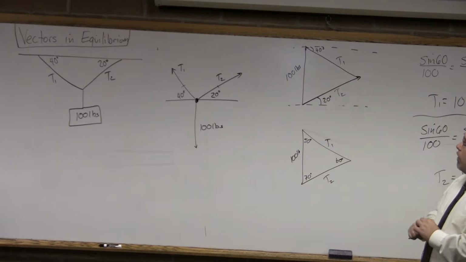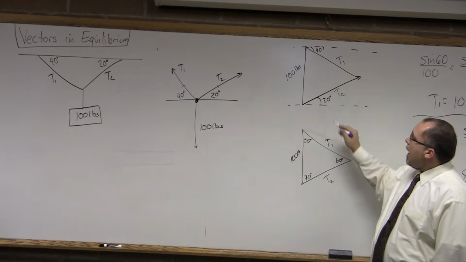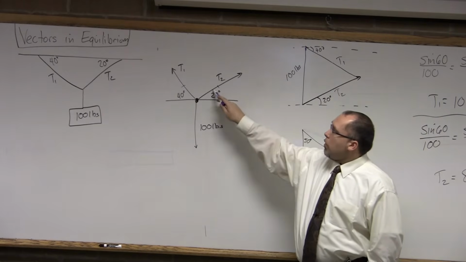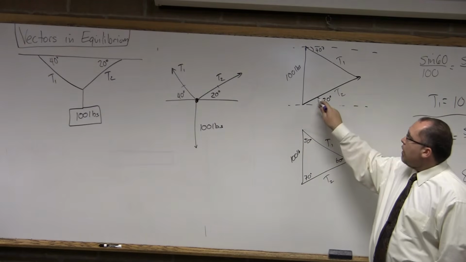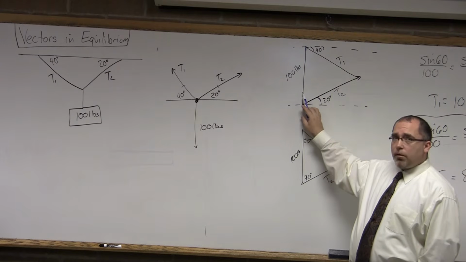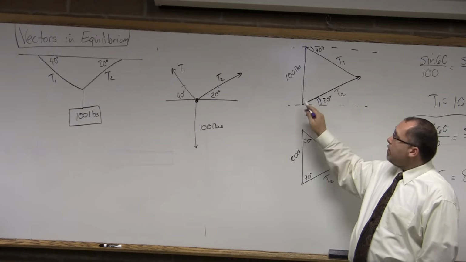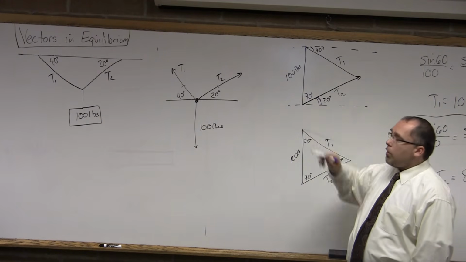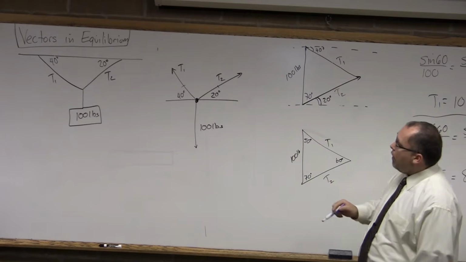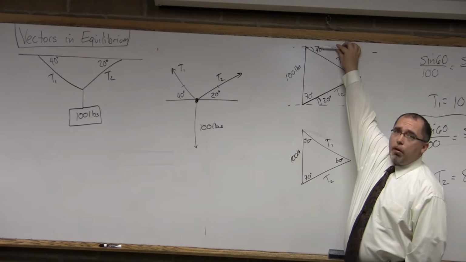And again, we have one side of the triangle, we're solving for the other two sides. The angles, for instance, T2 is at 20 degrees to the horizontal. It is still at a 20-degree angle to the horizontal. But since this 100-pound vector is perpendicular, if you have 20 degrees outside, there's going to be 90 minus 20, or 70 degrees inside. Likewise, with T1 tacked on here, it's still 40 degrees to the horizontal.